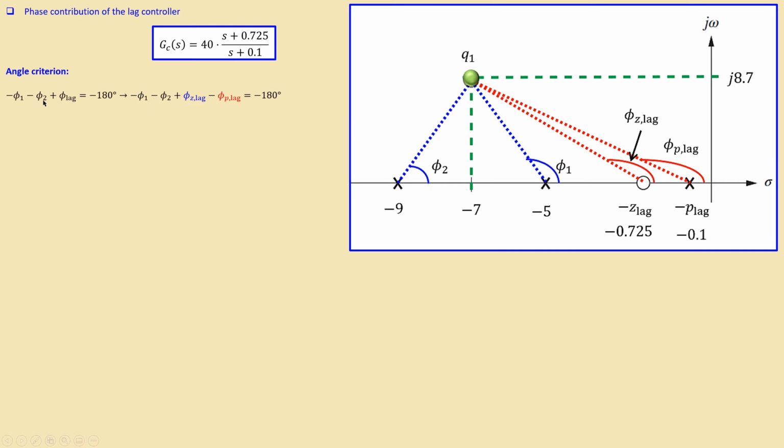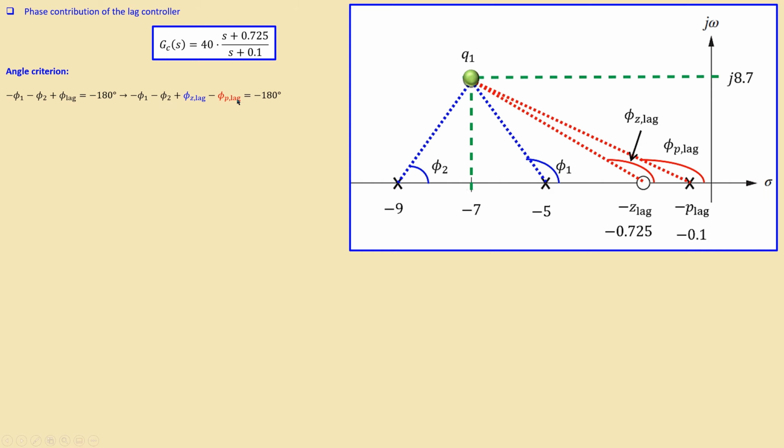If you work it out, the lag controller has a 0 and a pole, and the 0 will contribute a positive phase, and the pole will have a negative phase contribution. That's the reason why we have a minus sign in front of phi1 and phi2, which are the poles of the plant. And the phi of the pole of the lag controller is also minus, since it is a pole.